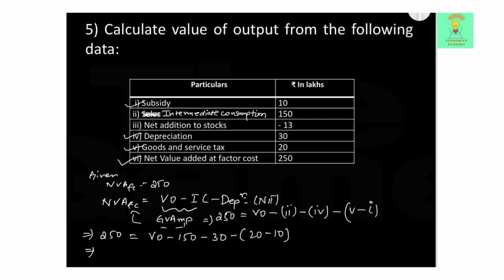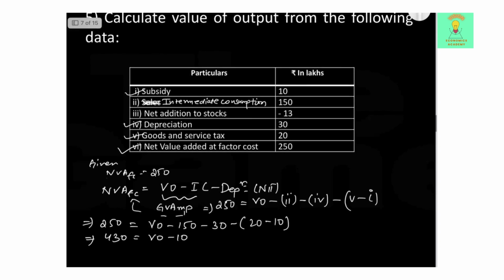So let's put all these numbers this side. 250 plus 150, if it comes this side, 250 plus 150 is 400. 400 plus 30 is 430 equals value of output minus 10. Okay, now 430, this 10 comes this side, plus 10 equals value of output.